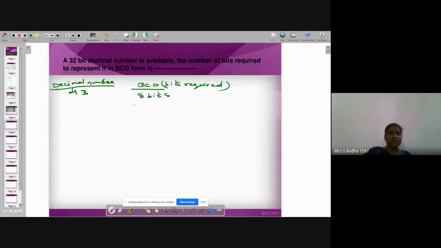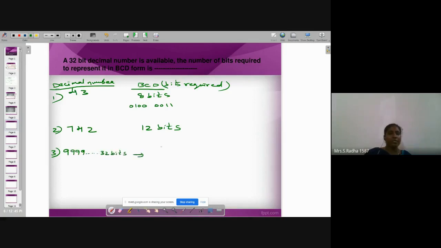How? 4 is represented like this and 3 is represented like this. Second thing, if 742 is present, 4 bits, 4 bits, 4 bits, 12 bits are required. So what they are telling is, 32 decimal digits are present. Maximum decimal digit is 9, so 9, 9, 9, 9 like that, 32 nines are present.